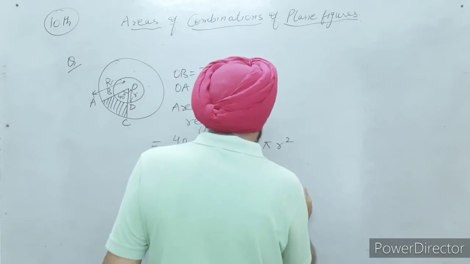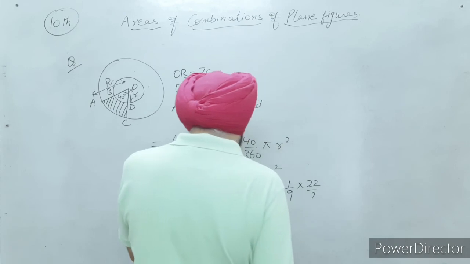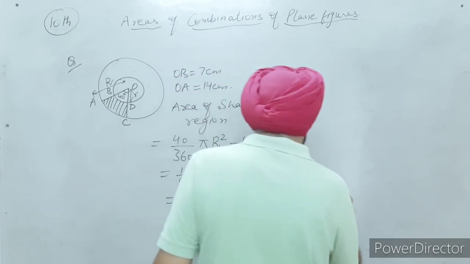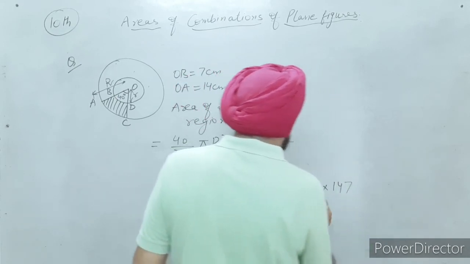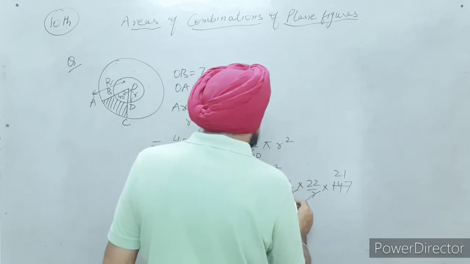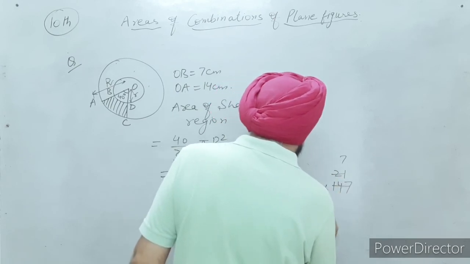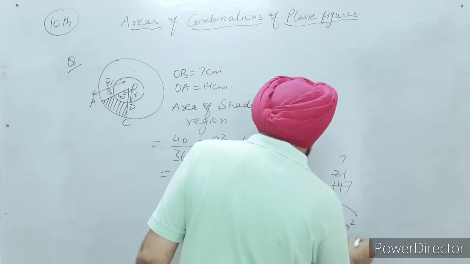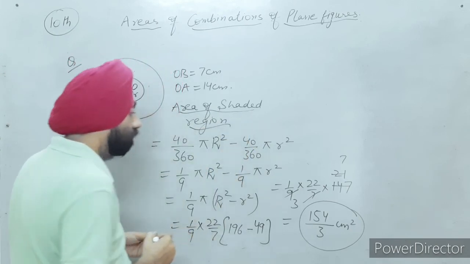This becomes 1 by 9 into 22 by 7, 196 minus 49, it is 147, and 18 minus 4 is 14. This cancels out, 21. Now 3 3s are 9 and 3 7s. I get 7 2s are 14, 154 by 3 centimeter square is the area of the shaded region.